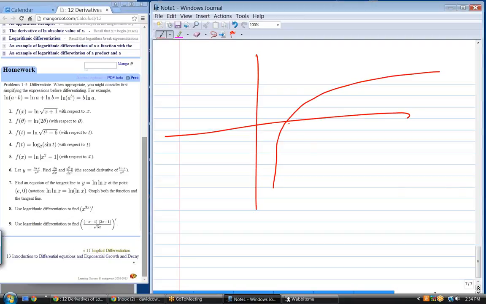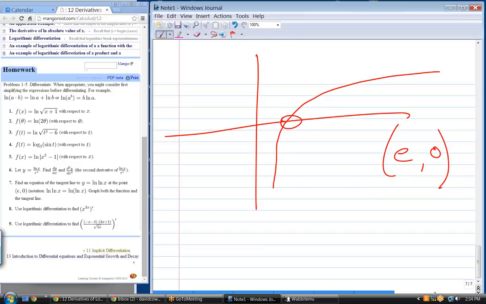Well, the tangent line is at e comma 1. E comma 0, excuse me, which is almost certainly that point right there.